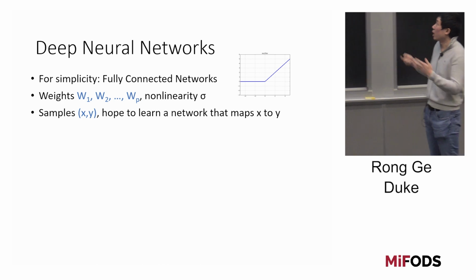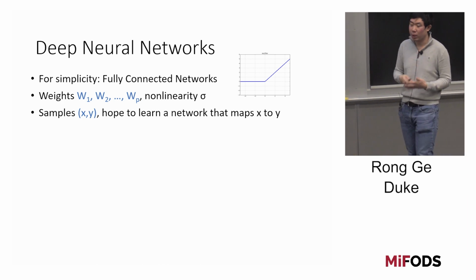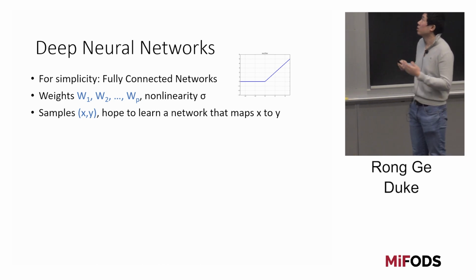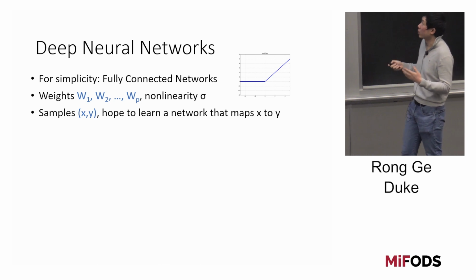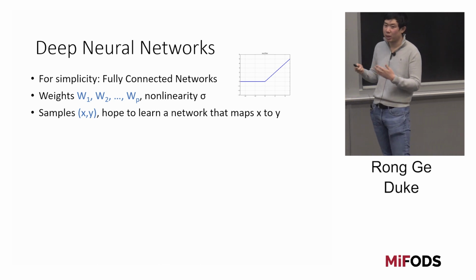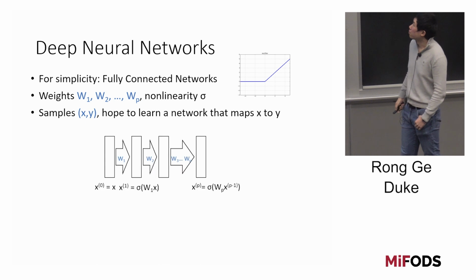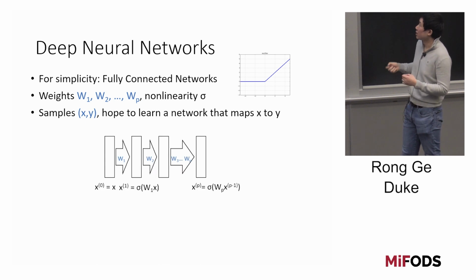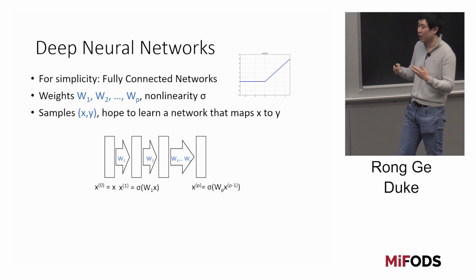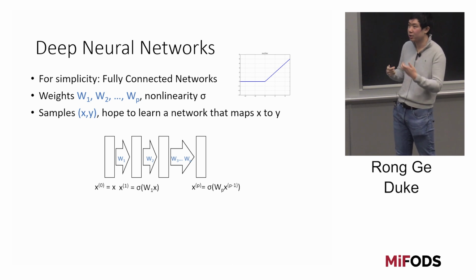We are going to optimize a neural network over a bunch of samples x and y. The hope is to learn a network that's able to map every x to the corresponding y. So the network will look like this. In every layer, you multiply by the corresponding weight matrix, and you apply this nonlinear function entry-wise to the resulting vector.